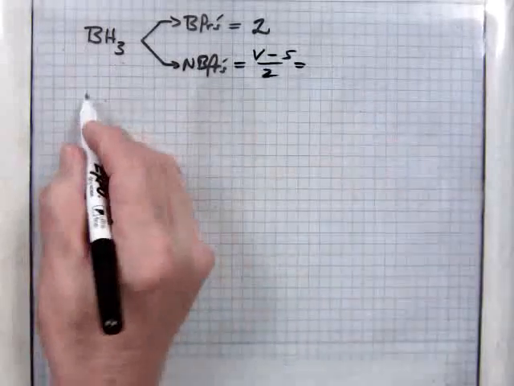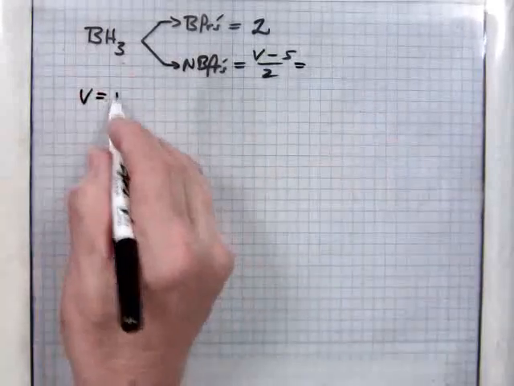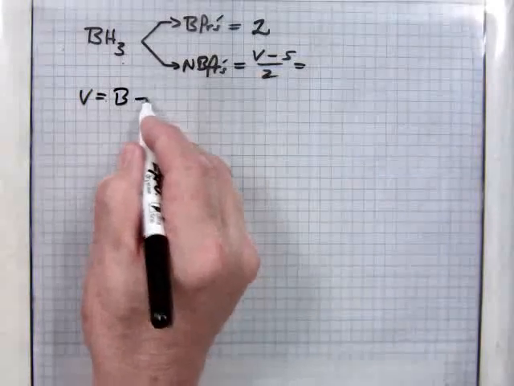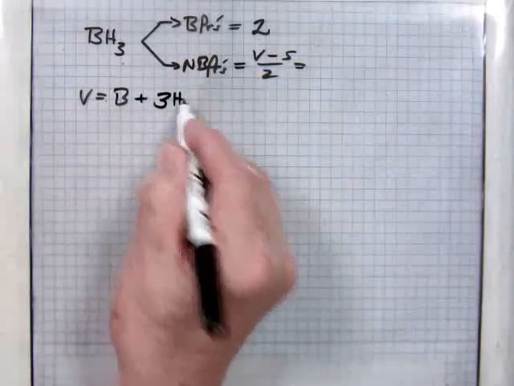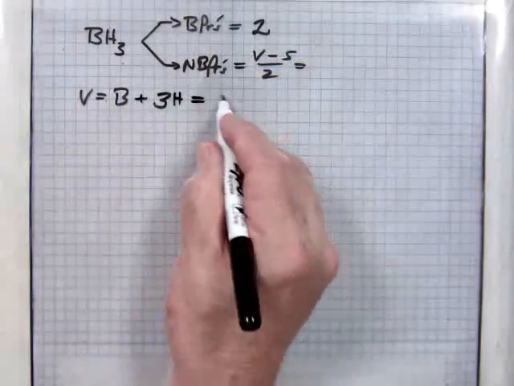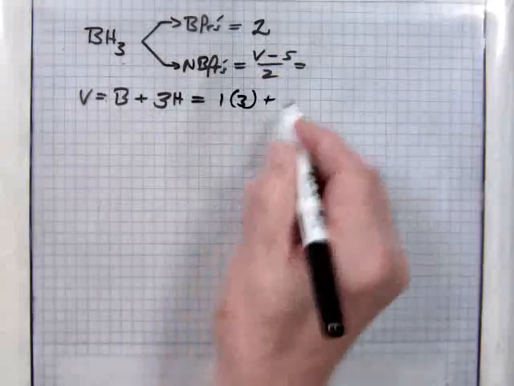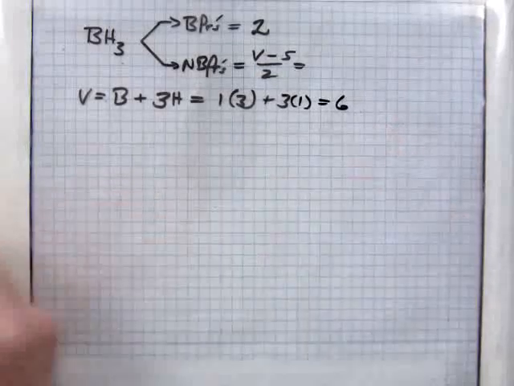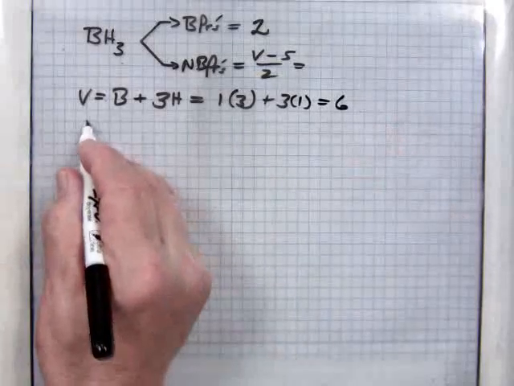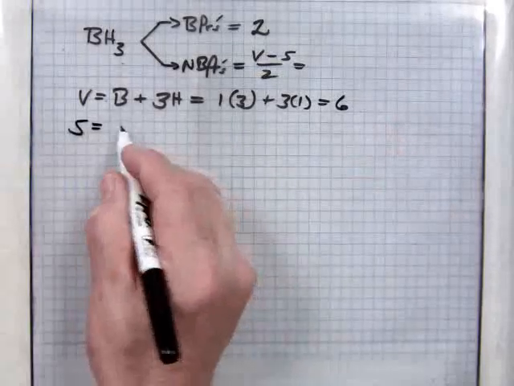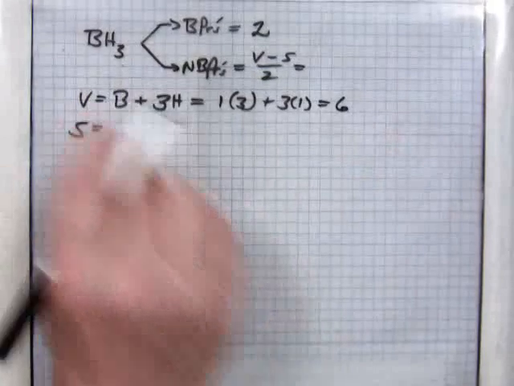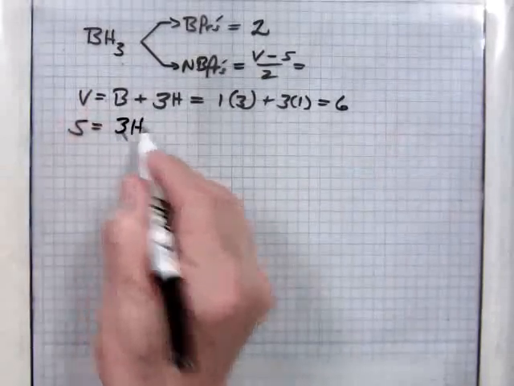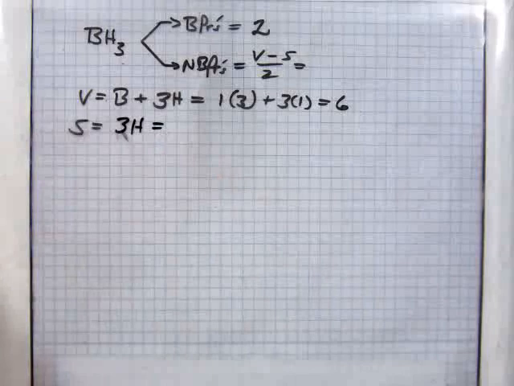So you have to figure the valence number, boron, group 3, plus 3 hydrogens, group 1. So you have 1 times 3 plus 3 times 1, and that's net 6. Substrate number is only your attachments, 3 hydrogens, and when hydrogen is full, it's 2.